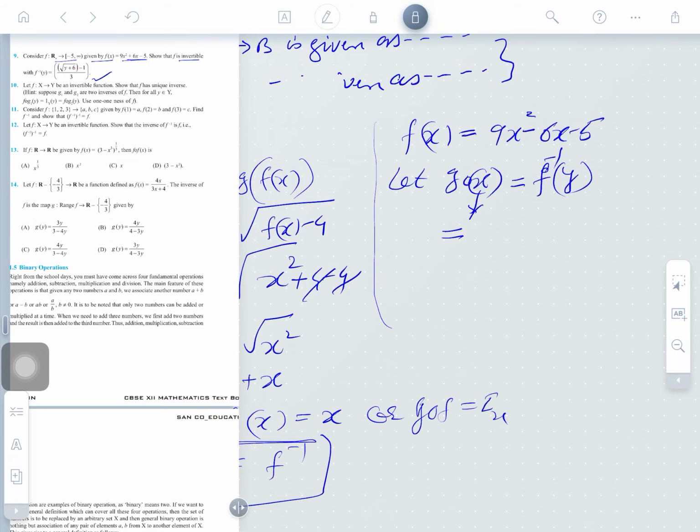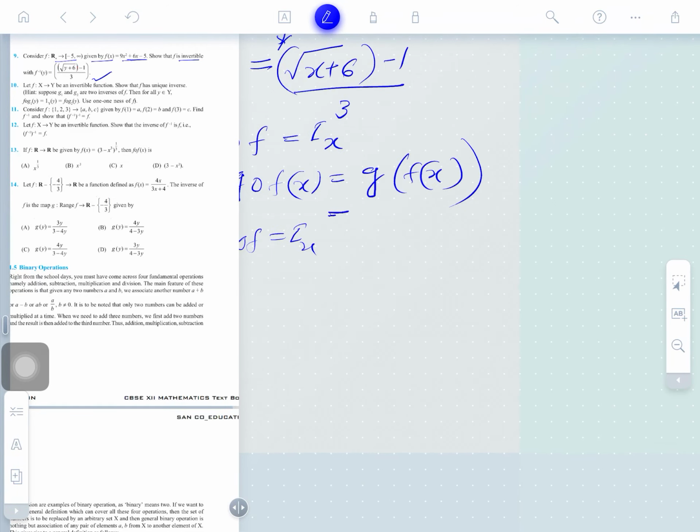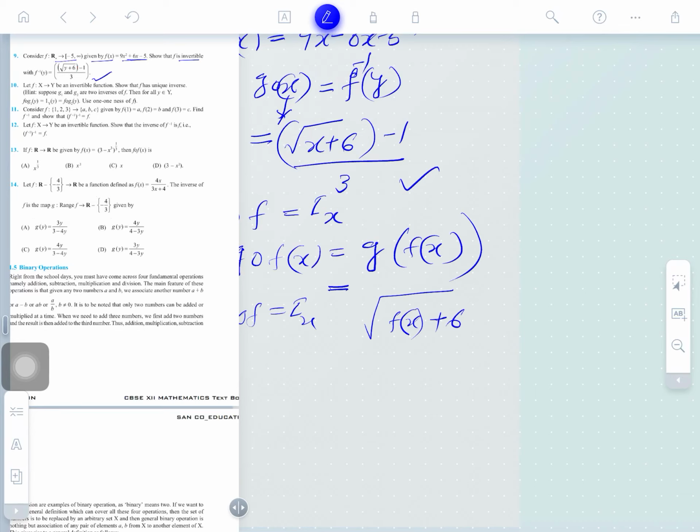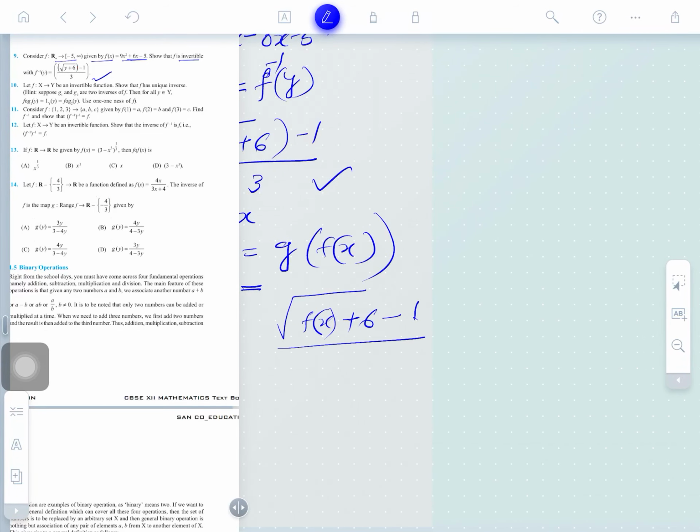To prove GOF is equal to Ix, can we prove? Obviously. So GOF of x is equal to g of f of x. This is very simple. This is your g function, so it can be written as, you see, under root, where the variable is, here to be written f of x plus 6, and here to be taken as minus 1, divided by 3.